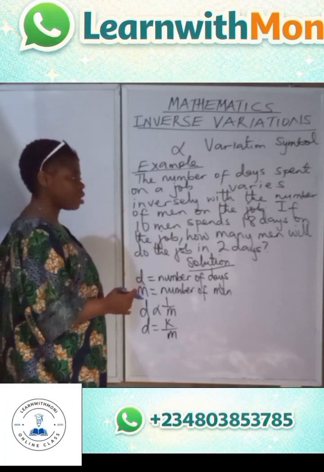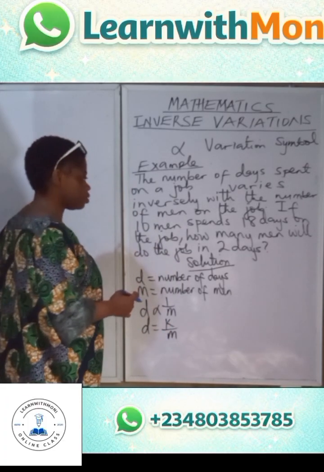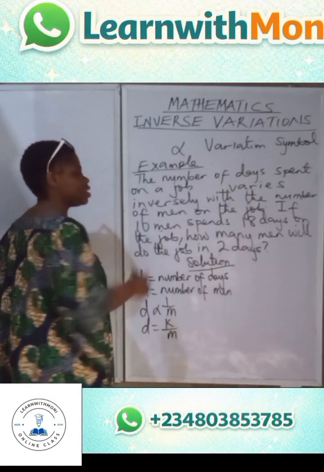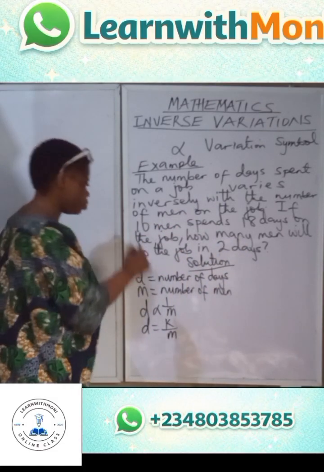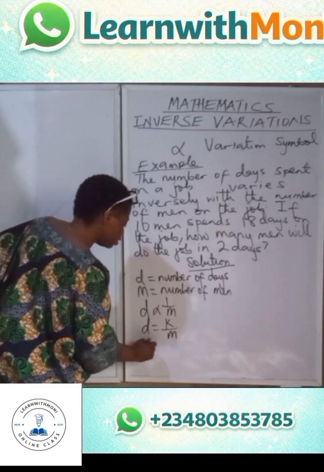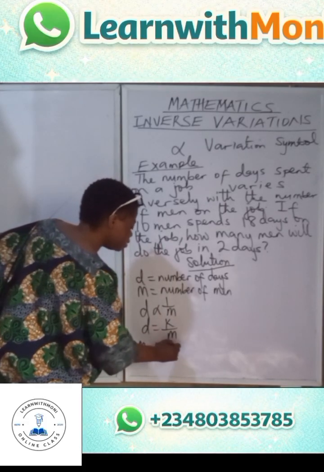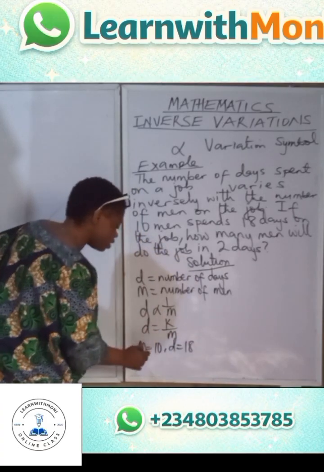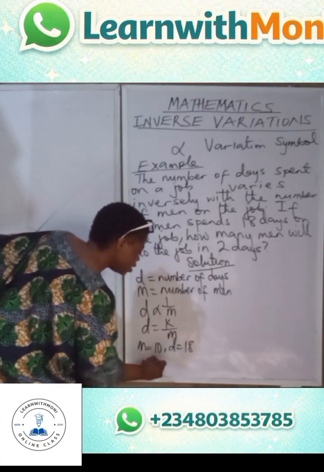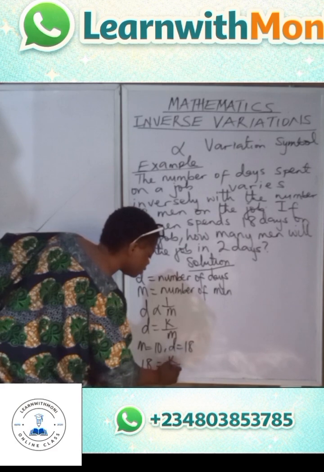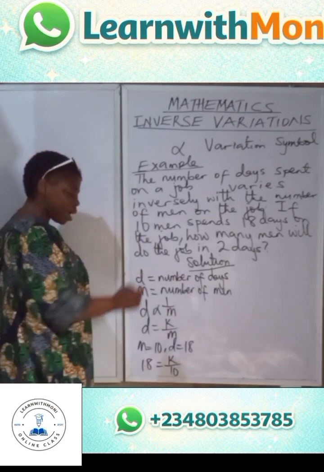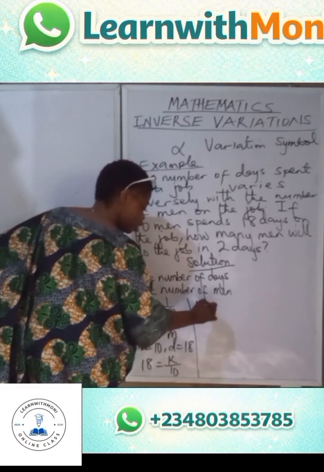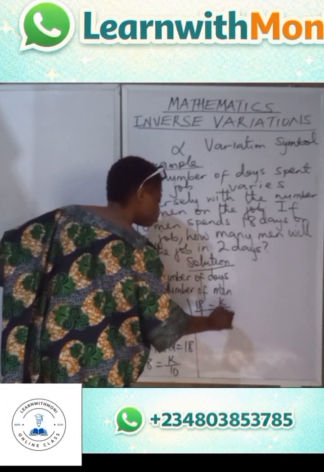Let's get K, our variation constant. We are told that it takes 10 men 18 days to finish that job. That means when M is 10, D is 18. Let's get K. This means that 18 equals K over 10. By cross multiplication, you have 18 over 1 equals K over 10.